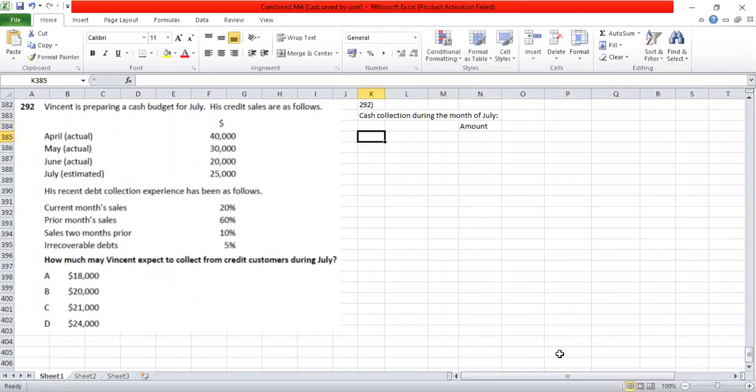Then first let's start with the same month. The same month is July. Of July sales, only a percentage of it is collected, which is 20%. And sales are 25,000. 25,000 into 20%.